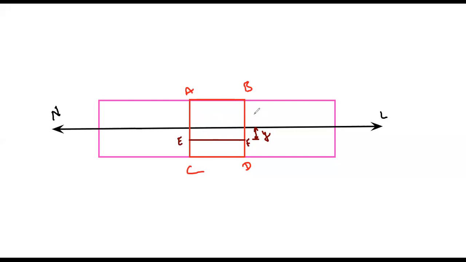Now, when this beam is subjected to pure bending M, what happens? The inner fiber will undergo compression, and the outer fiber undergoes tension.